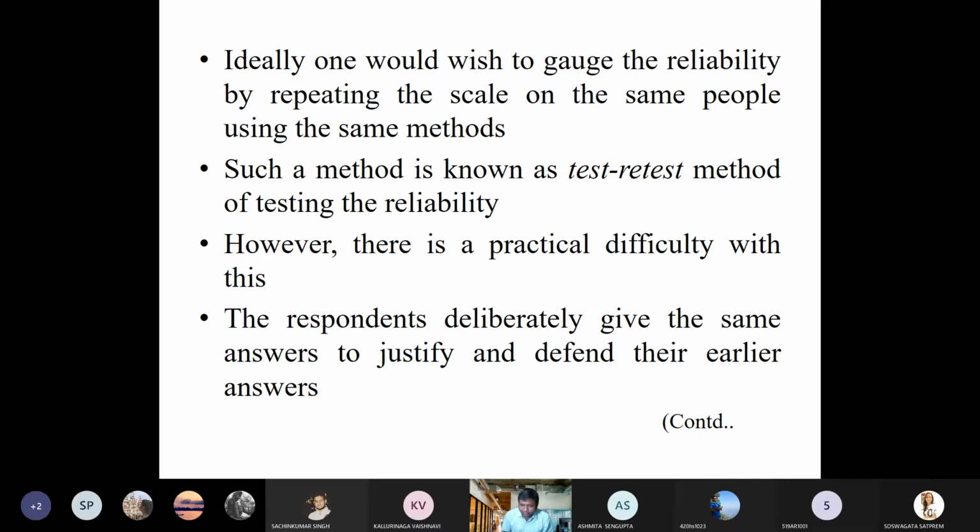If we ask the same question again, say five days later, the respondent may change the answer knowingly, or may forget the exact answer given.